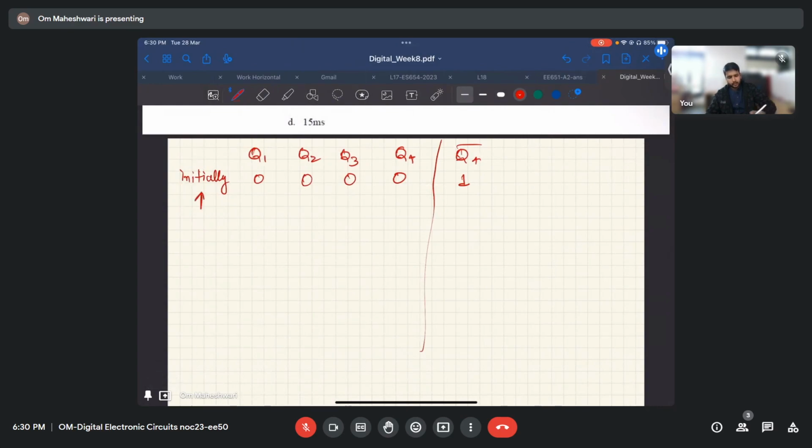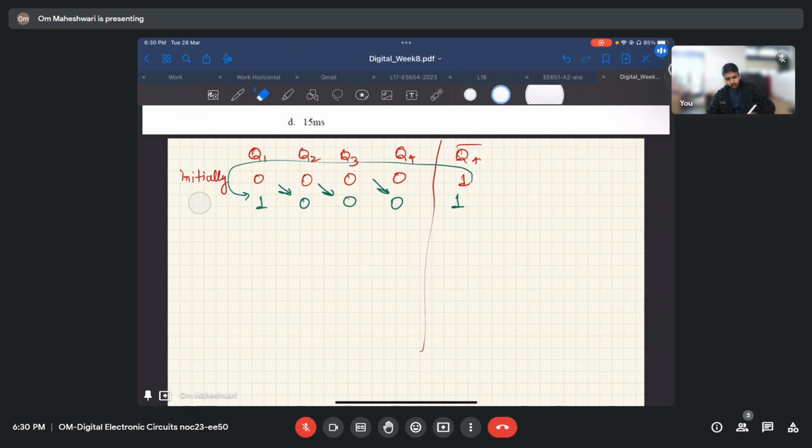In the first cycle this will go here, this will go here, this will go here, and this one will come here. Q4 bar will be 1 again in the next cycle.